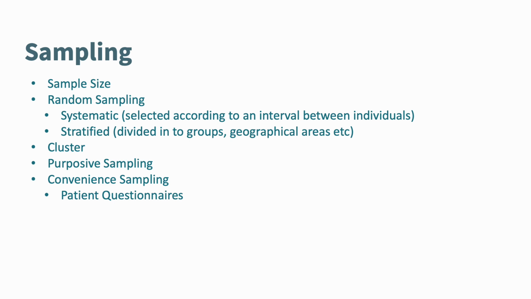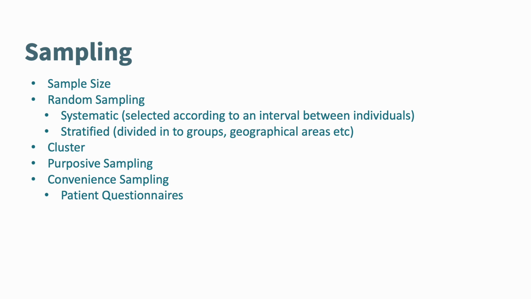It can be stratified, so divided into groups, geographical areas, etc. And we can look at samples from, which probably ties in more to cluster sampling, patients from Fife, patients from Perth, patients from Dundee, those kind of things. Again, clusters of schools, or if you're looking at paediatric, you can do cluster sampling on patients who go to particular schools, that kind of thing.